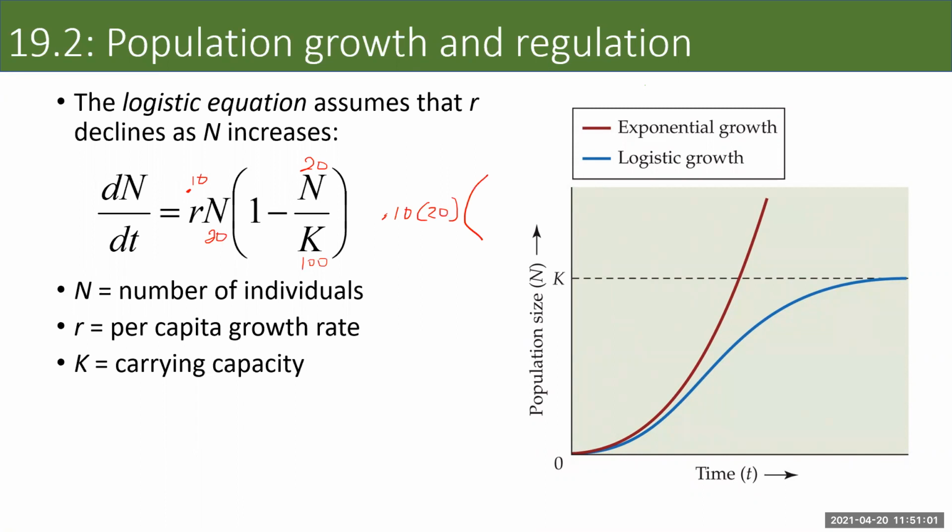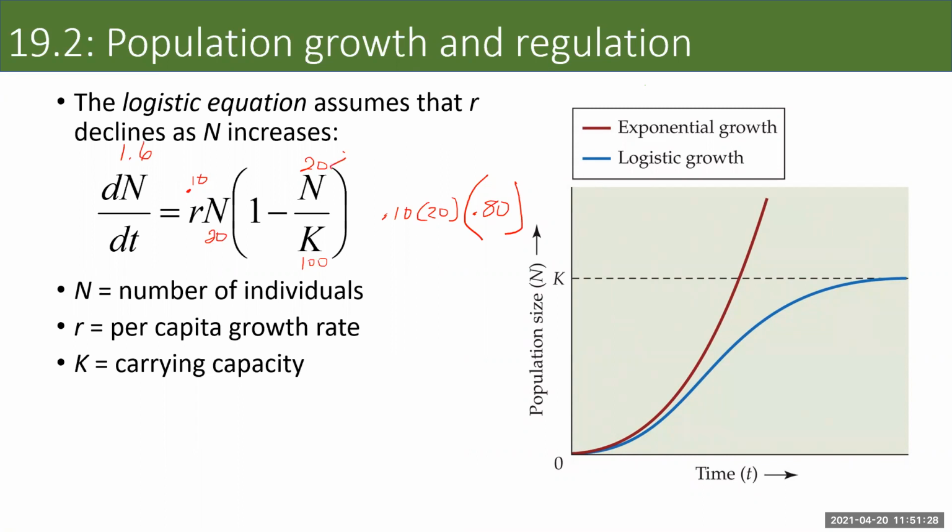And we said that 20 over 100 is 0.2. 1 minus 0.2 gives you 0.80, right? So if you do that math, you get 0.10 times 20 times 0.8, right? So that's 1.6 individuals added every year.